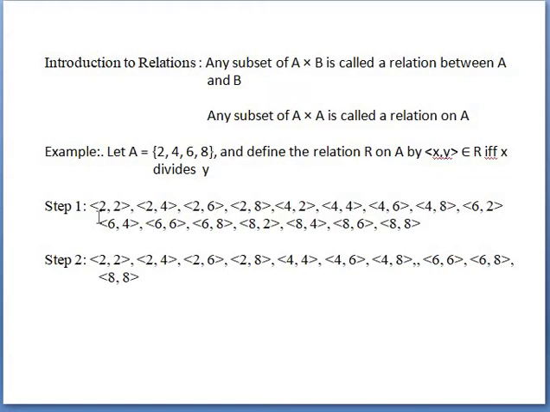Is it true? Yes. Next (2, 4), because the first element 2 divides the second element y. Similarly (2, 6) and (2, 8). So the ordered pairs starting with 2 I can include, because the second elements are 2, 4, 6 and 8.